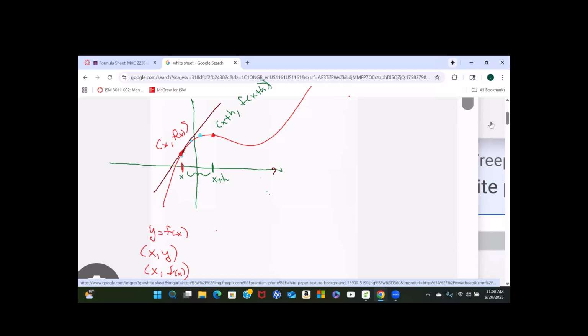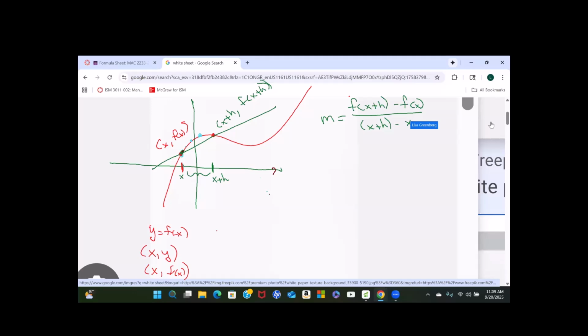So now I'm trying to find the slope of the line at that point. And if you remember, the slope is what I'm trying to find right now because I'm using 2 separate points. I'm going to say the slope is equal to, well, y2 is f of x plus h and y1 is f of x. x2 is x plus h, and x1 is x.